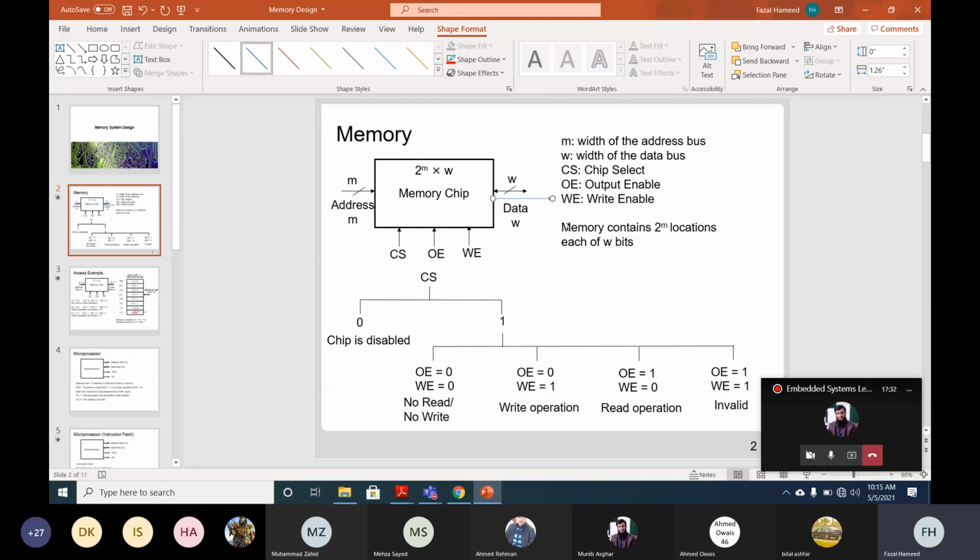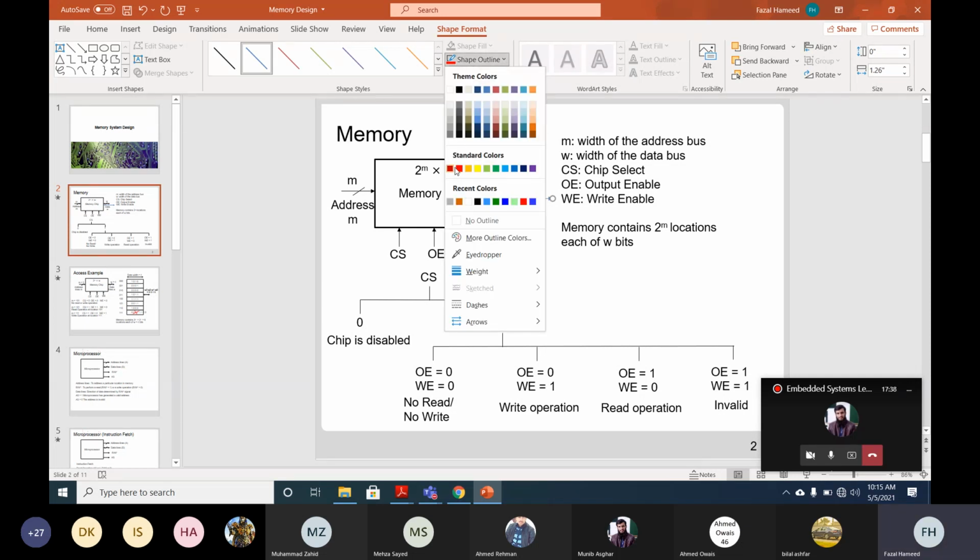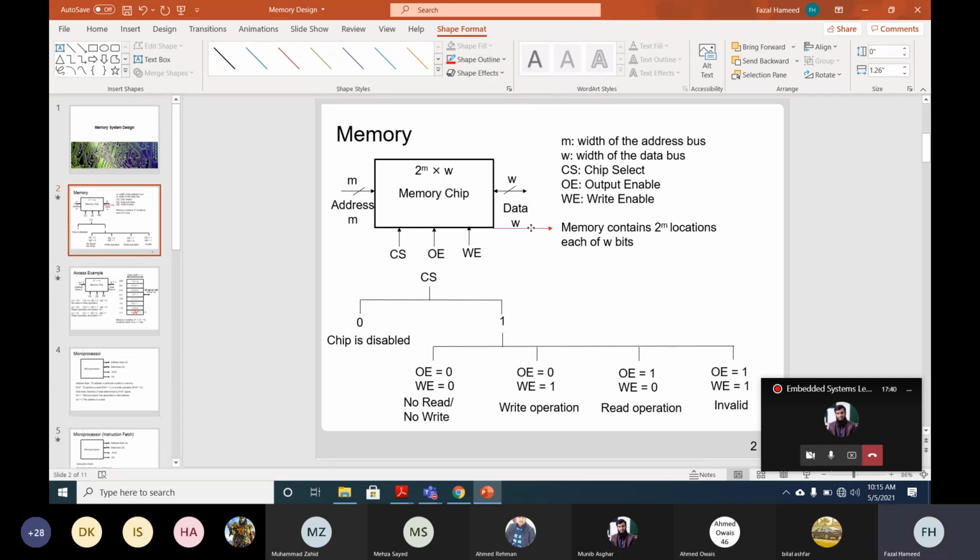When OE is 1 and WE is 1, it is an invalid operation, and as a designer, you should avoid this possibility.